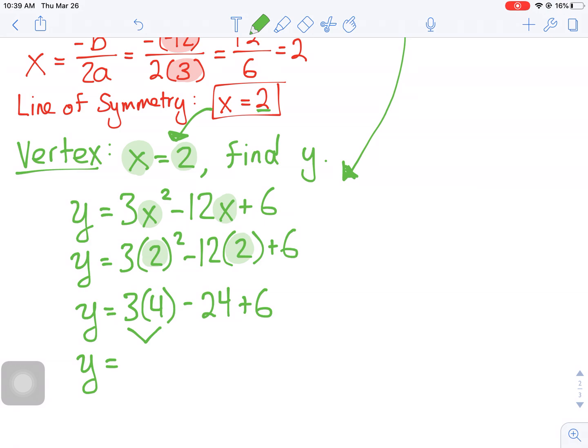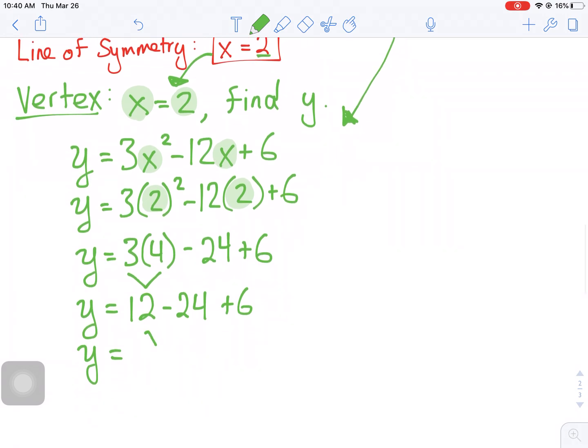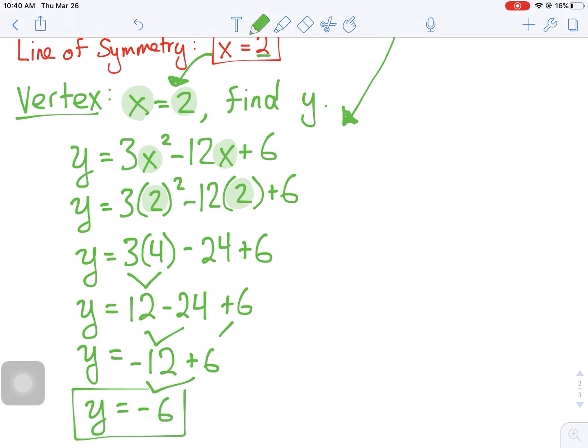Three times 4 is 12, minus 24 plus 6. Twelve minus 24 is negative 12, plus 6. Negative 12 plus 6 is negative 6.